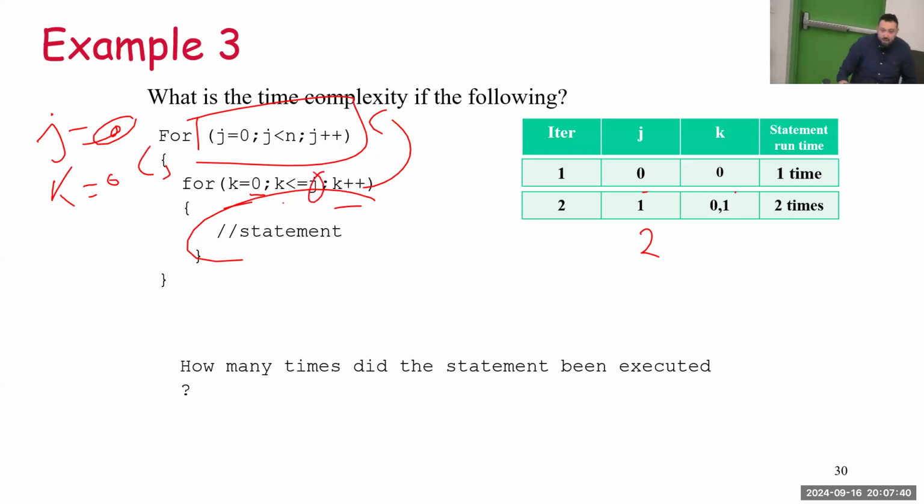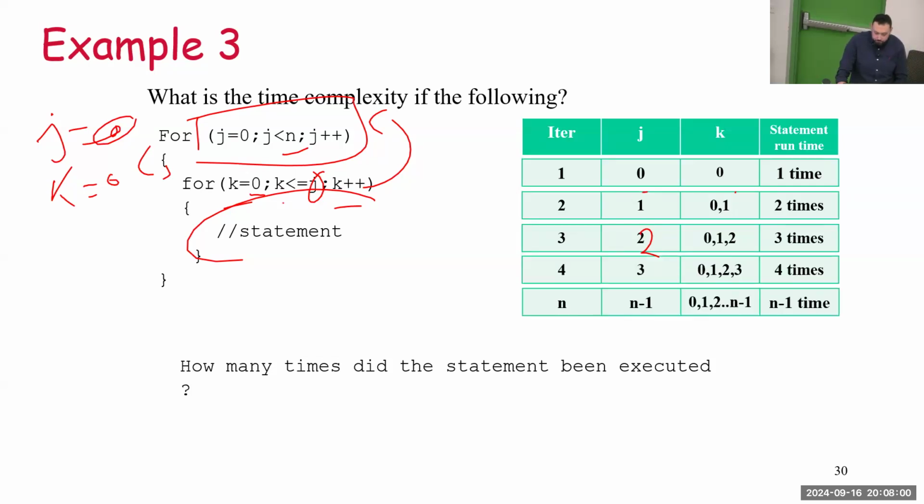Because it's going to stop at J. Okay, so now J is going to stop where? N minus 1, right? That means K is going to be for what, guys? 0, 1, 2 is going to stop when? At N minus 1. This is wrong. From 0 till N minus 1, that means this is N, not N minus 1, right?